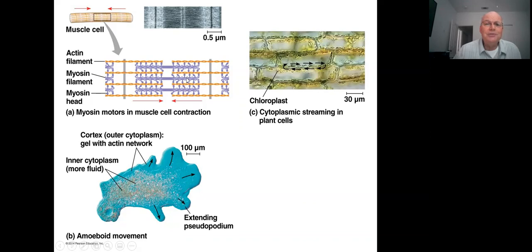Because the actin filaments are anchored to the inside of the ends of the muscle cells, they pull on the ends of the muscle cells, which causes the cell to contract. And because the muscle cells are anchored to each other in muscle fibers, the whole fiber contracts, which causes the muscle itself to contract.